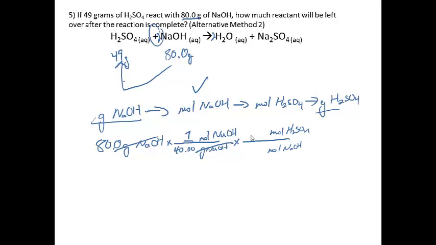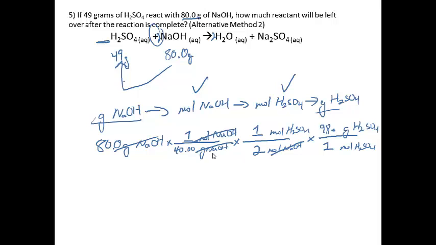Well, in 2 moles of NaOH, I mix with 1 mole of H2SO4. The moles of NaOH done. I'm at moles of H2SO4. That's where I want to be. And one final step to cancel out the moles of H2SO4. I need to figure out how many grams of H2SO4 there are. Okay. Well, I know in 1 mole, if I look on the periodic table, there are 2 H's, 1 S, 4 O's, and that adds up to 98 grams of H2SO4.